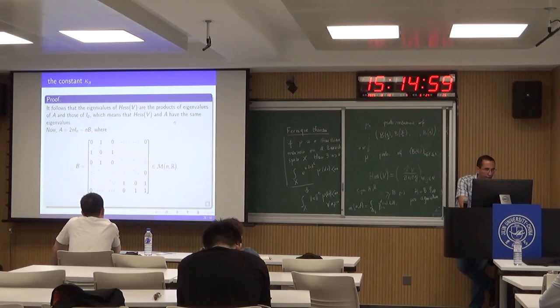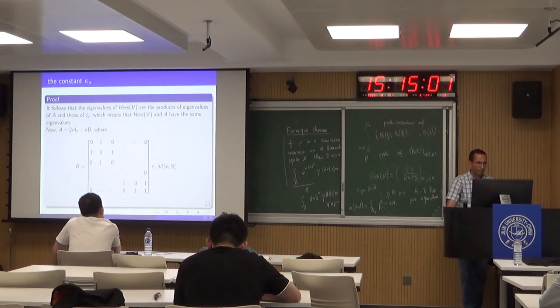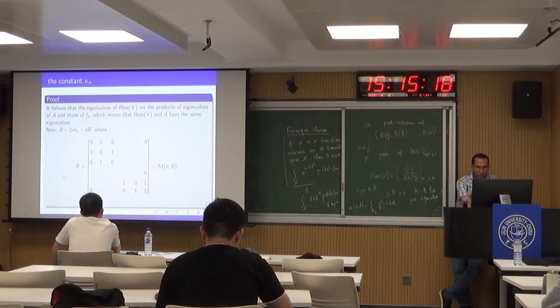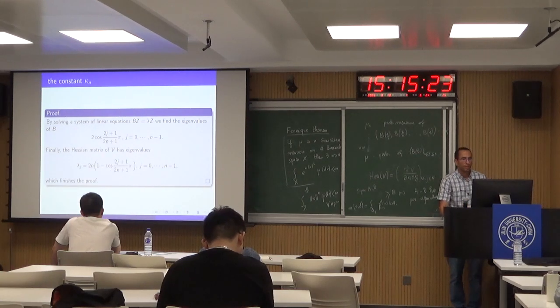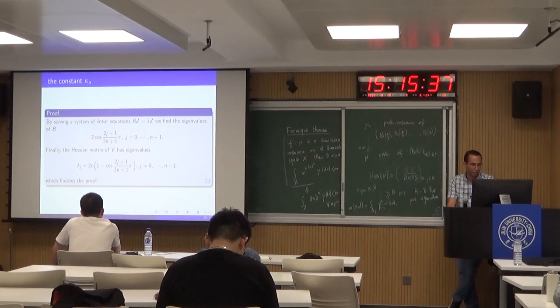And now, exactly, this matrix here can be written in relation with a simpler matrix B, and we can find the eigenvalues for this matrix B by just solving a linear system. By solving a linear system, we find exactly the eigenvalues of B, and finally we can deduce the eigenvalues of our Hessian matrix and take the smallest one. So it was a really good exercise.